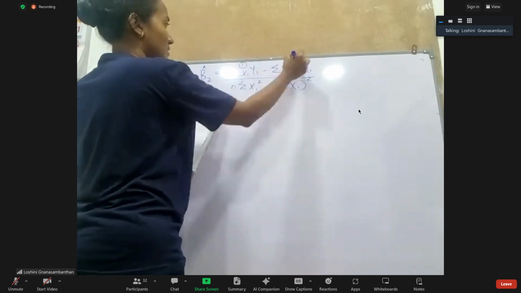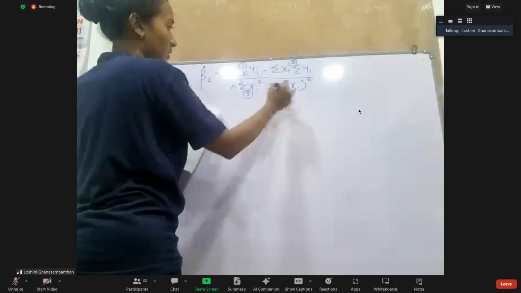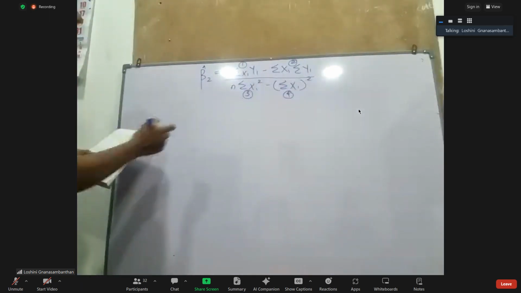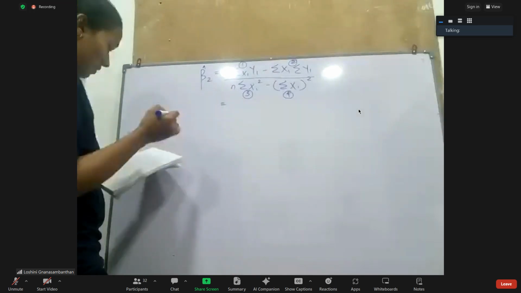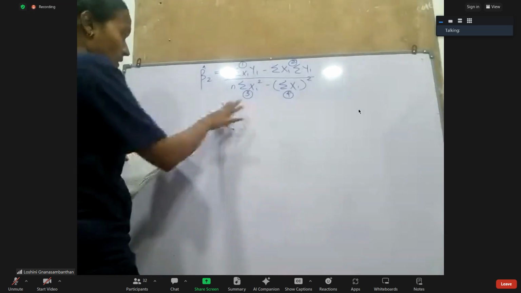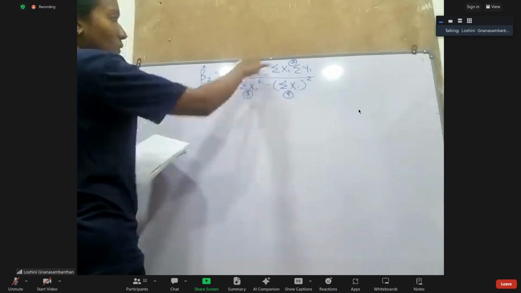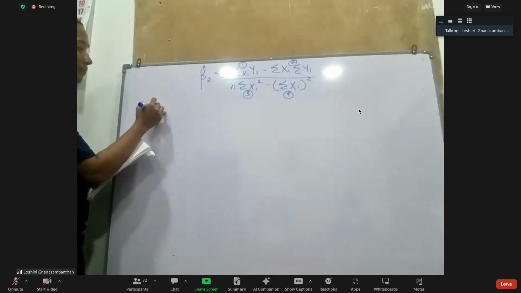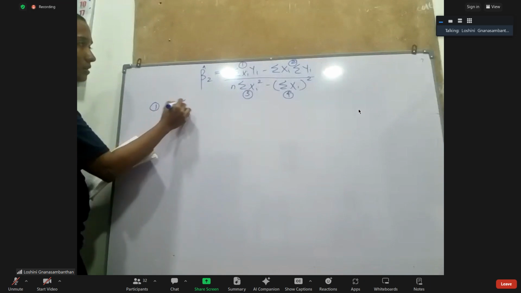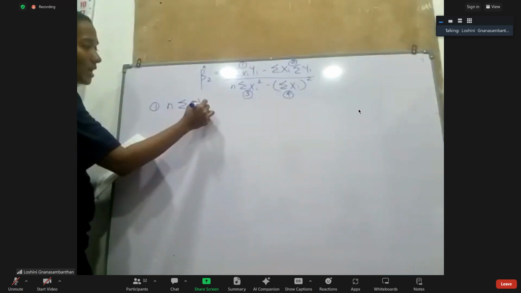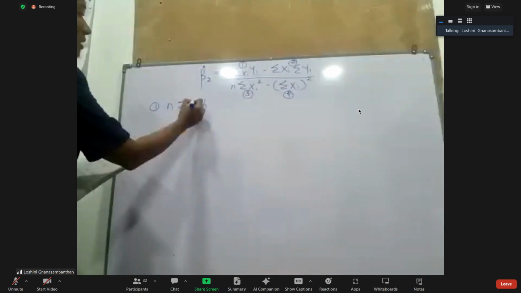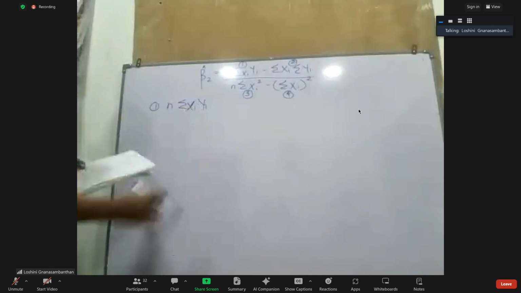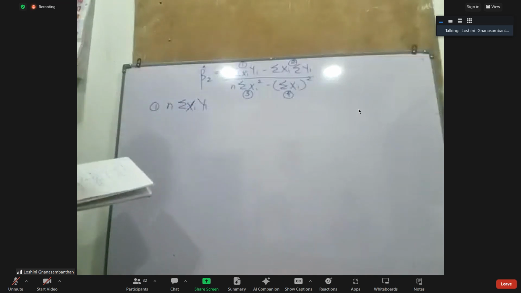Now we can see this first equation, second, third, and fourth, right? So we are going to do these in four parts. The first part is what? N sigma xi yi. We found some other expressions for this xi yi, so we are going to just substitute those.